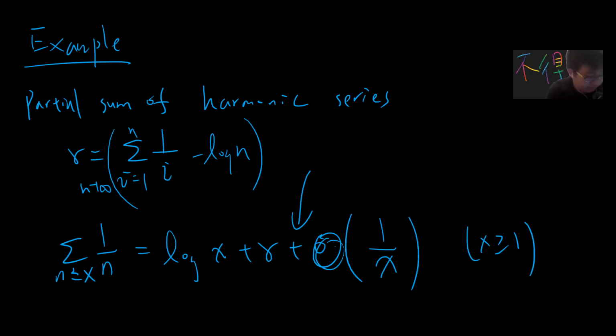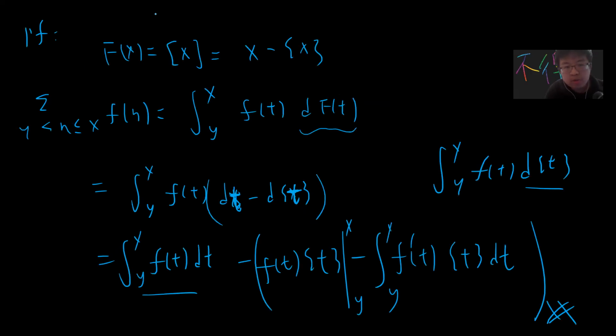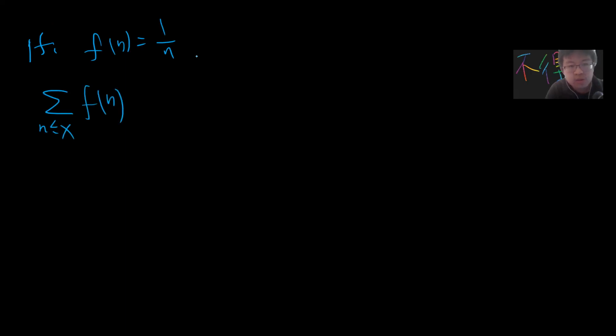Okay, proof. Very simple: take f of t to be 1 over t, and in our case y should be chosen to be 1.